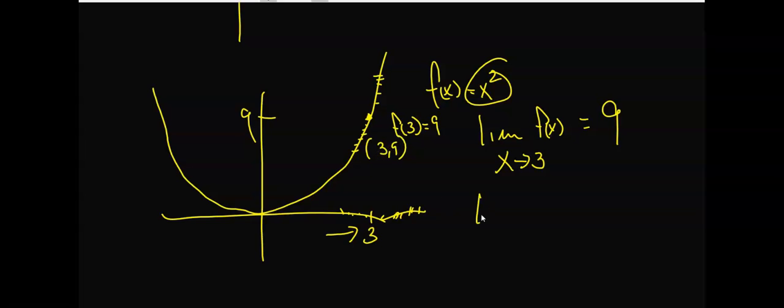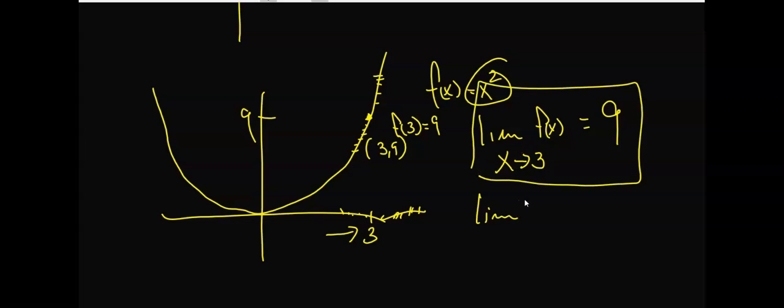Okay, but now we want to ask a different question. That was just an extra, I just wanted to make that point. So what would you say as you move in this direction? Obviously it's just getting bigger and bigger. Is there a number that it's approaching?